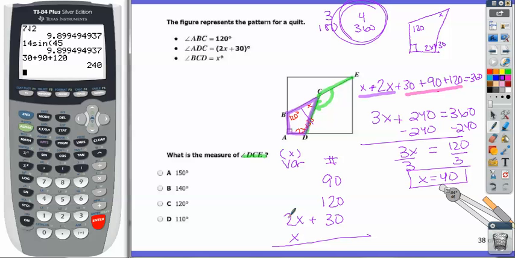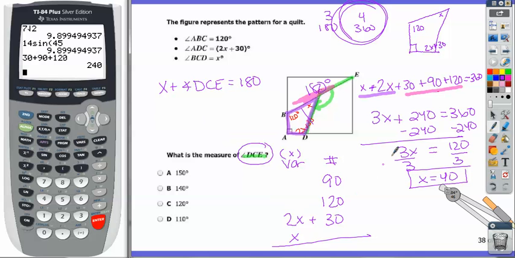Well, I'm not done. X is 40, that's not even an answer choice. So what I do know is I have a straight line here. And straight lines, or linear pairs, add up to 180. So I have x plus the angle that I'm looking for is equal to 180.